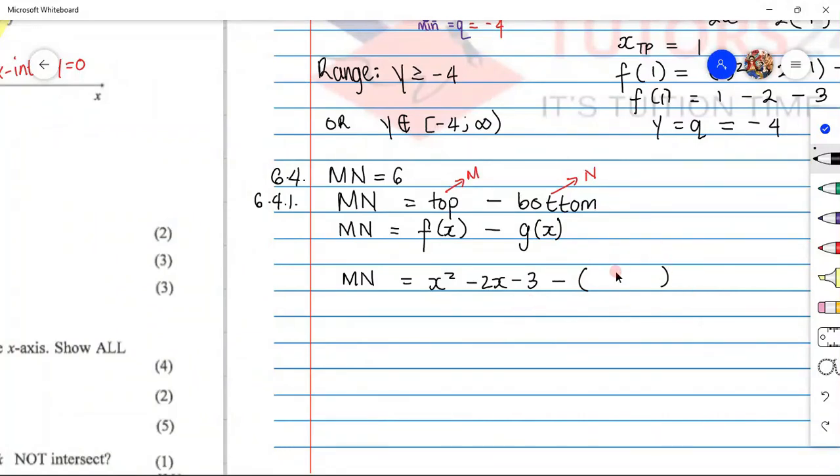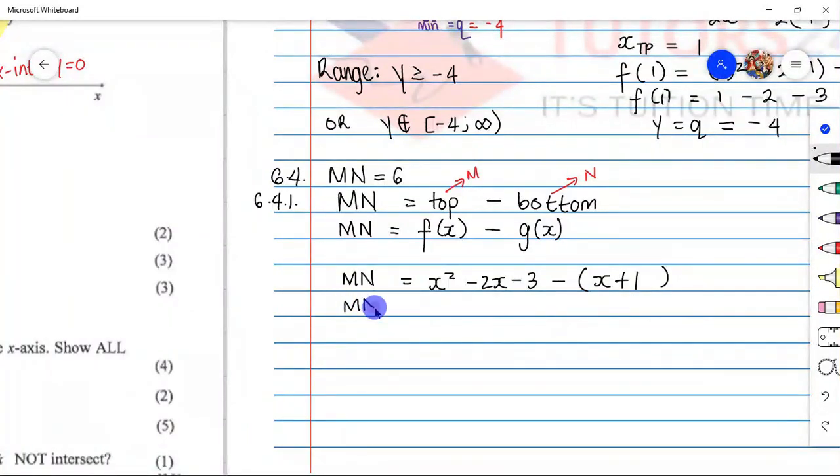The reason I'm using brackets is because there's more than one term in g of x, and if we have a negative sign preceding what we are going to substitute, we always put it in brackets because this negative sign is going to affect whatever comes in this bracket. So we know that our function g of x is x plus 1.